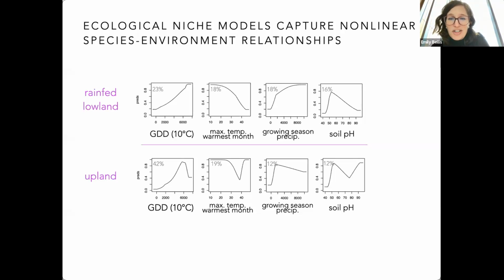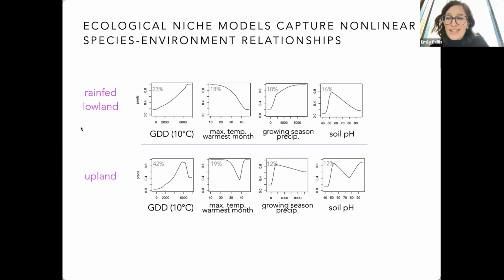And I just wanted to share with you a little bit about what the rain-fed lowland, and actually here's also the habitat suitability models for upland varieties look like as well, and why I like them so much as a dimensionality reduction technique for environments.